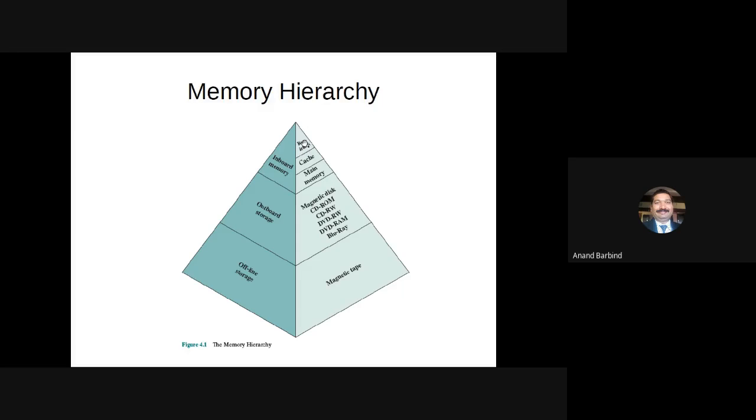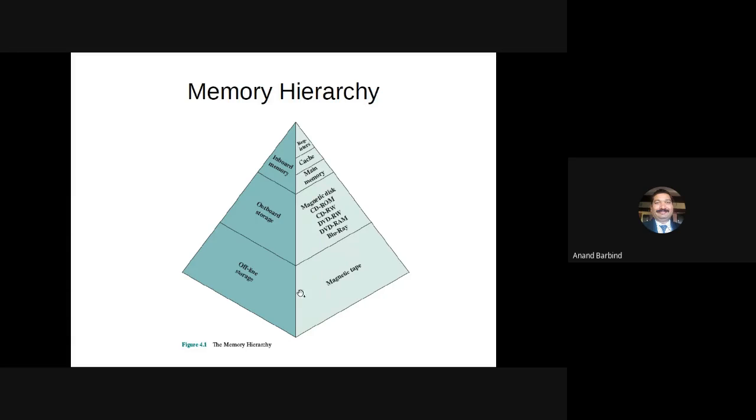So the capacity of the registers is very less. Then the capacity of the cache memory is higher. Capacity of main memory is still higher, whereas the capacity of the outboard storage is huge as compared to the upper types of memory. So the capacity goes on increasing as you go towards the bottom of this particular pyramid.